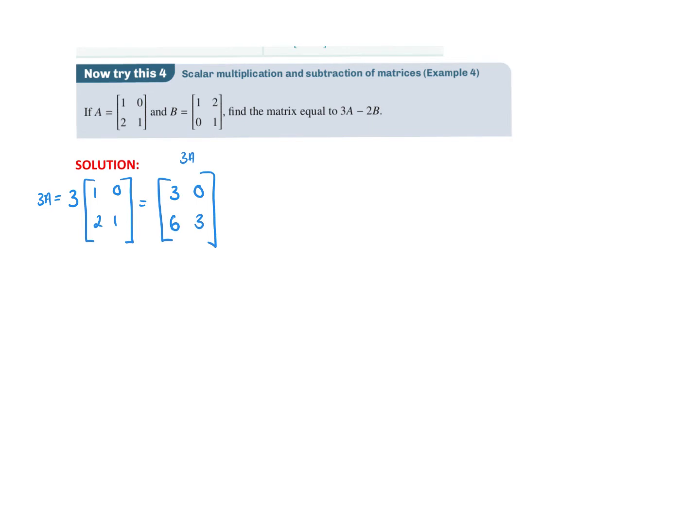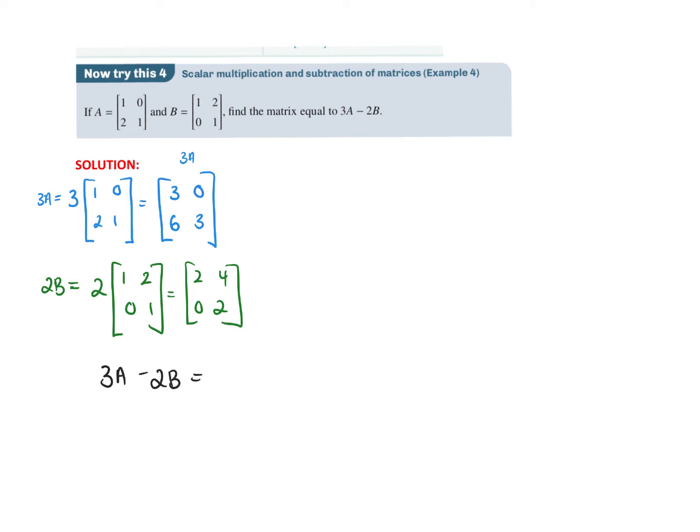Now, we've also got to subtract 2B. So I'm going to work out what 2B is first. 2B is 2 times the matrix B, and we end up with 2, 4, 0, and 2. So now, when they ask me to do 3A minus 2B, it will be this matrix minus the other one.